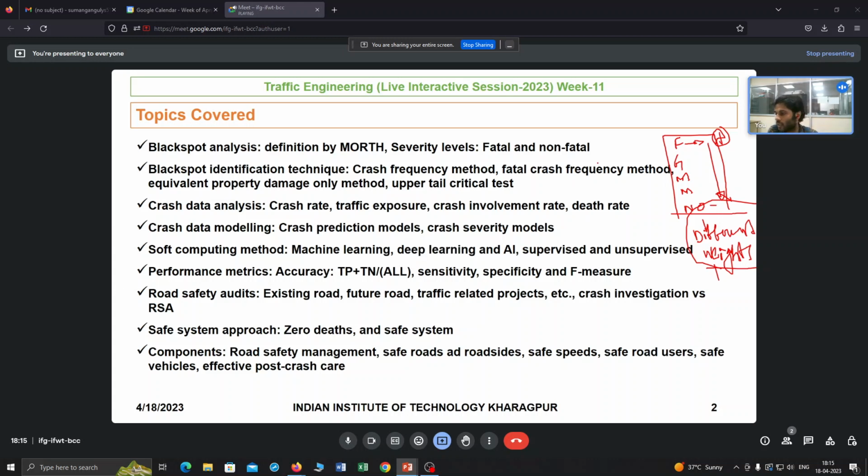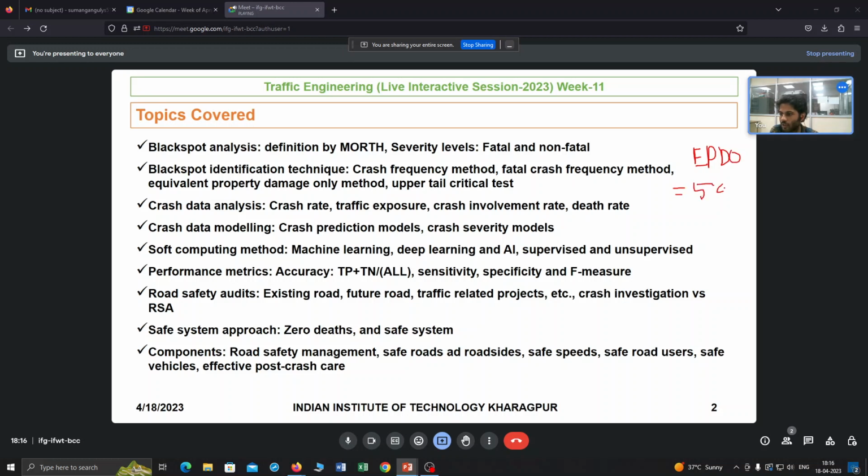So now there is also a method which is called the upper tail critical test method. Here, suppose we are considering our variable as EPDO for a particular location. You have calculated EPDO for maybe 500 locations.